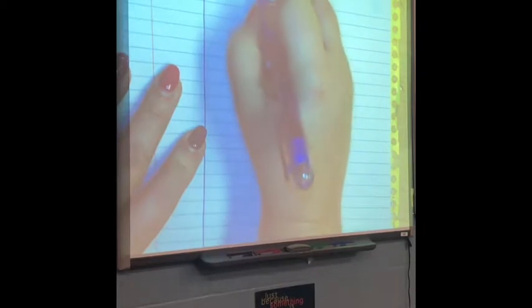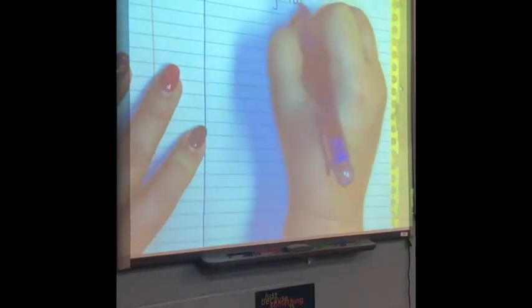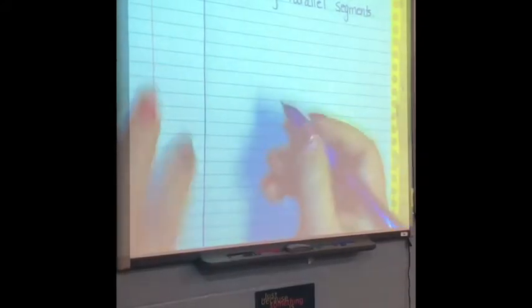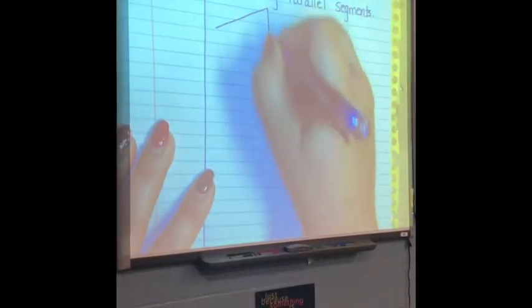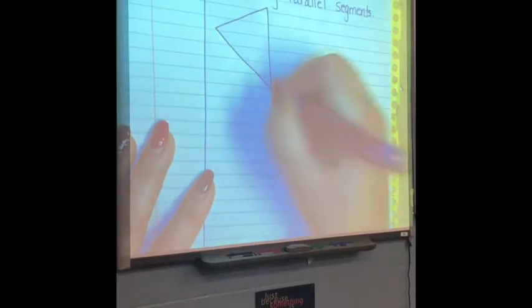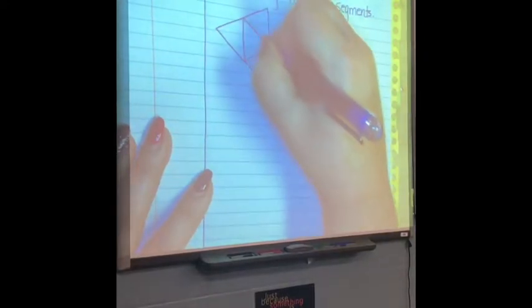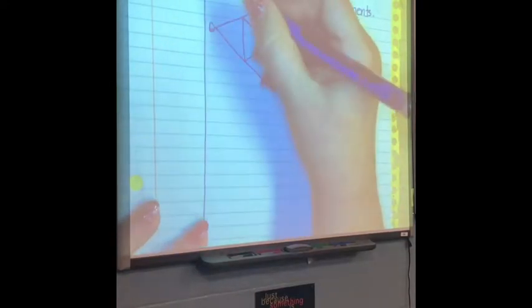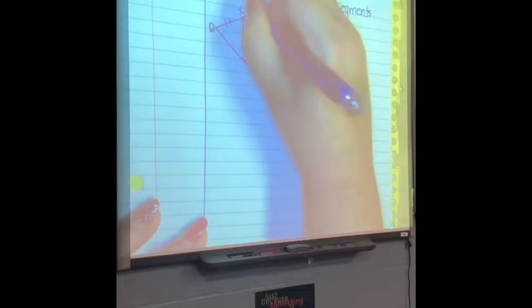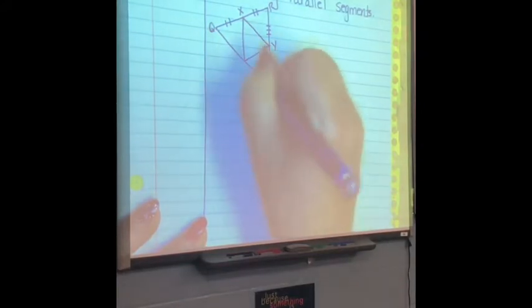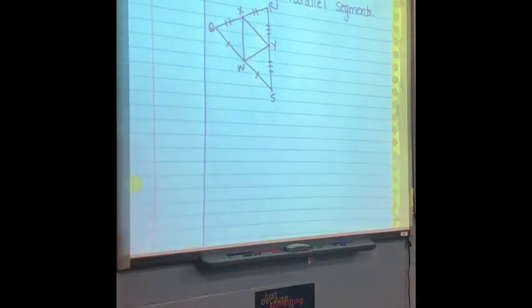So for example 1, we're going to identify parallel segments. So there is my drawing.